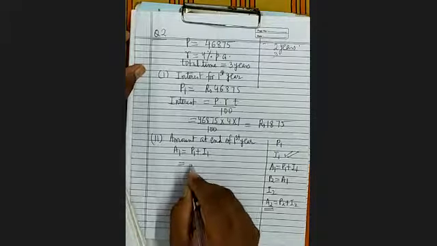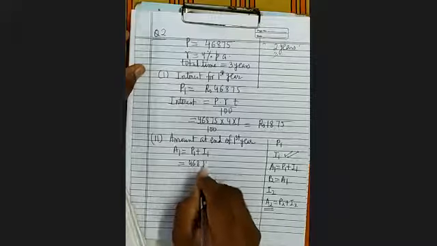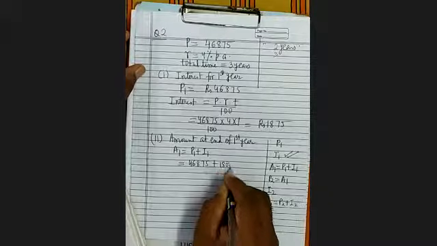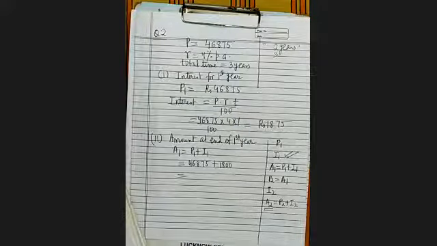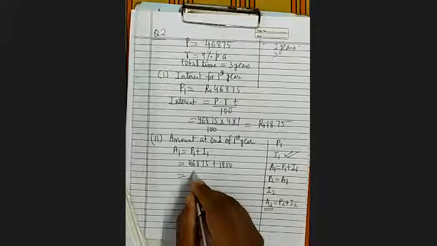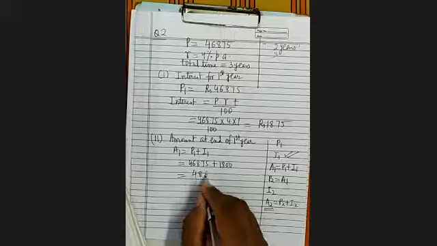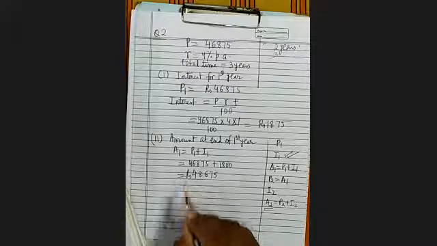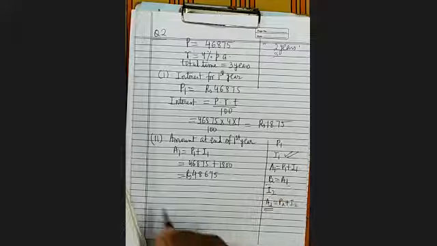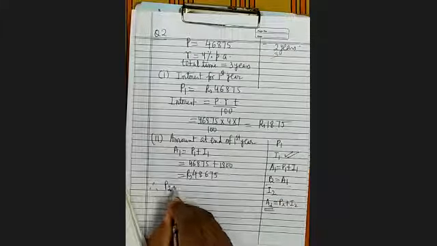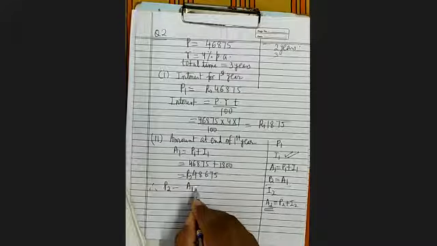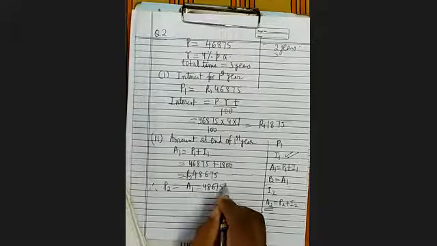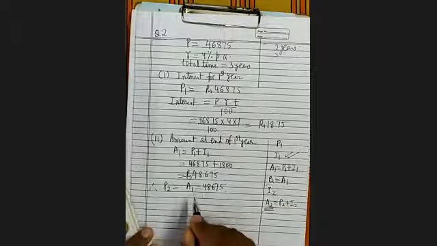P1 is 46875 plus 1875, so this is equal to 48750. Is it clear? Now it will become the principal for the second year. Therefore P2, the second year principal, will be equal to A1.